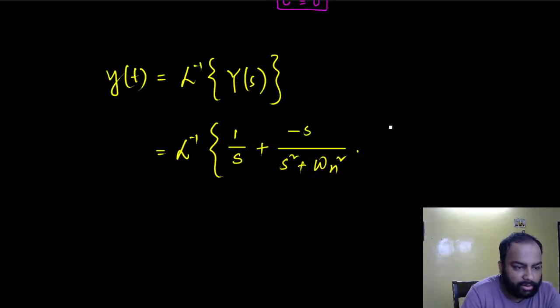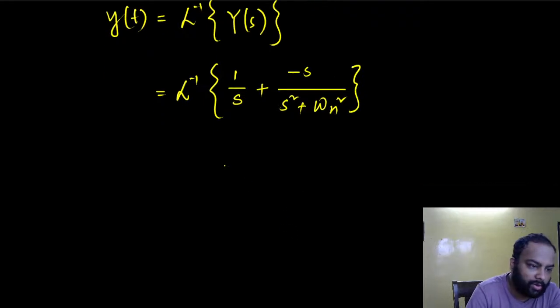Let's bring it here. We are looking for the inverse Laplace transform of this quantity. Of course, this minus sign can be brought here, so that becomes a plus. And of course you know what the inverse Laplace transforms of these quantities are.